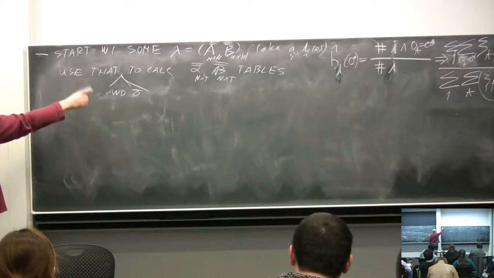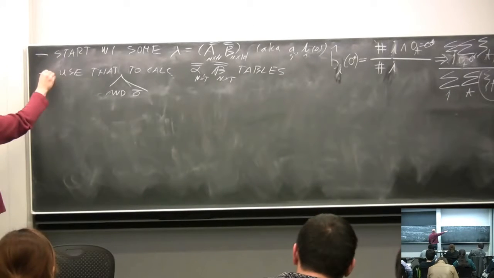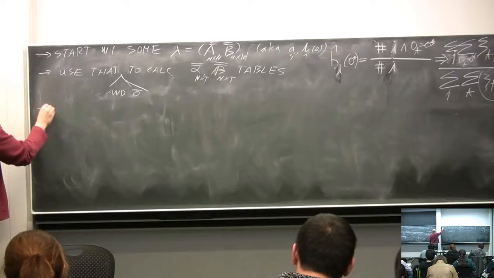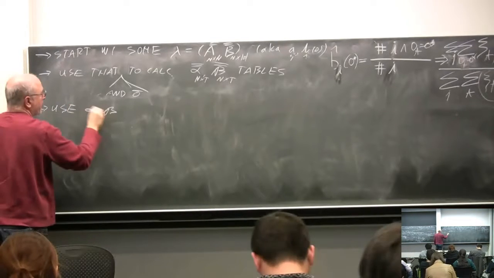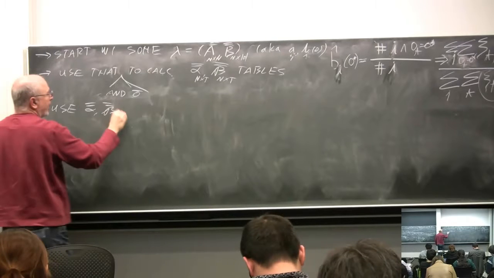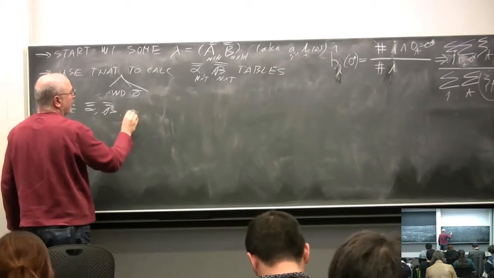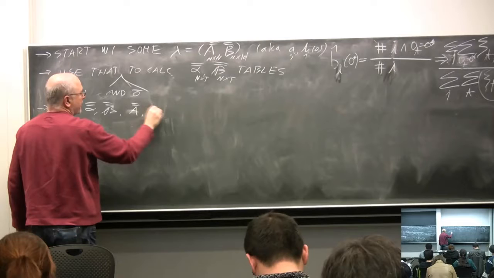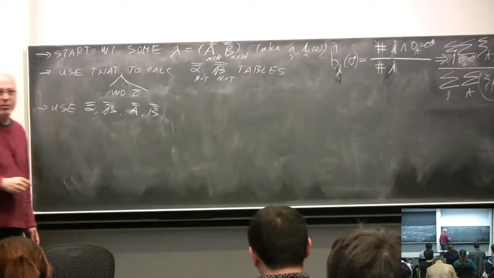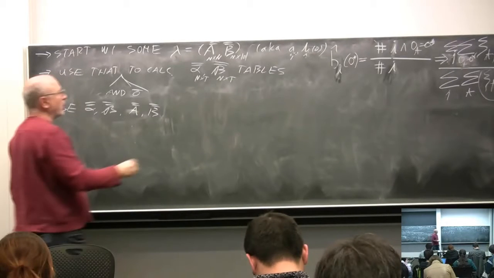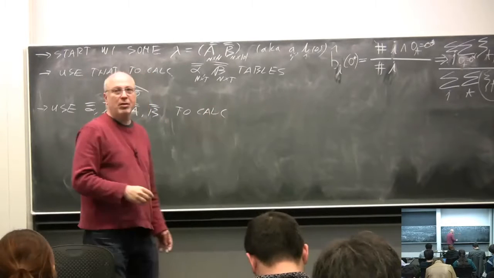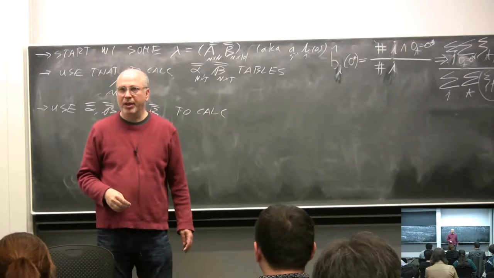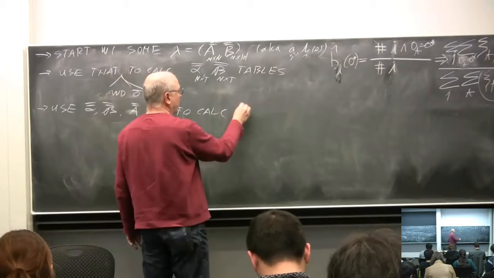So we started with some model. We use it to calculate the alphas and betas. Then we use the alphas and betas, in combination with the A's and the B's, to calculate what? The infamous xi's or chi's or whatever they are.